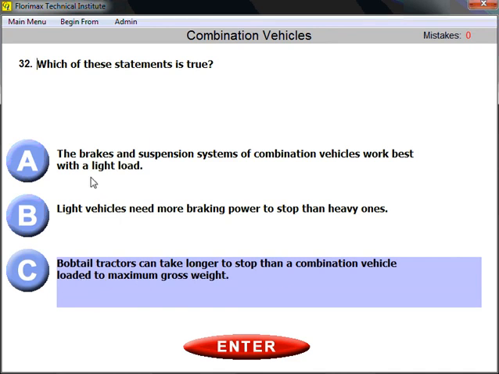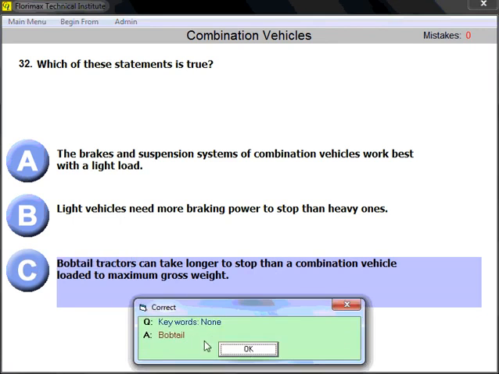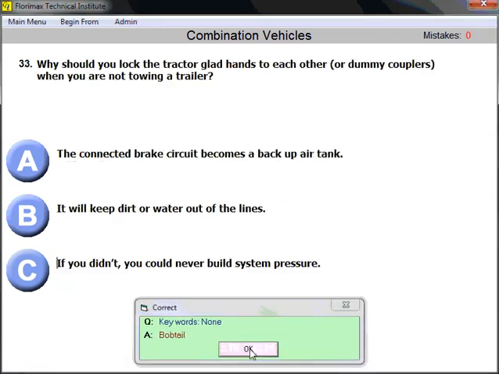Please be very careful, read all of them. When you find bobtail tractors, that's our keyword, a clue that this choice is correct. Whenever you see bobtail, that's an indication of the correct answer.